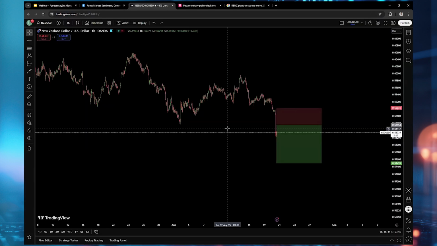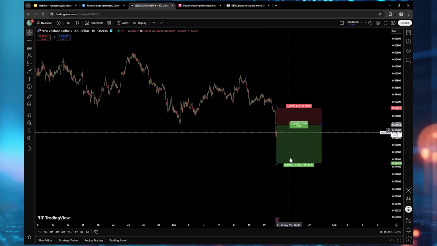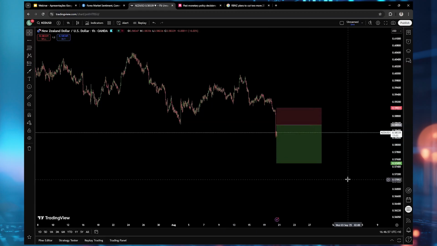Now, the main idea for the New Zealand dollar is that we don't have a very actionable entry point here. So I'm looking for a pullback on this big red candle down, up, sorry, and then I would be looking to target somewhere around 0.56, 0.58, around these levels. But 0.57, sorry, 0.57600. 0.56 is very far away.